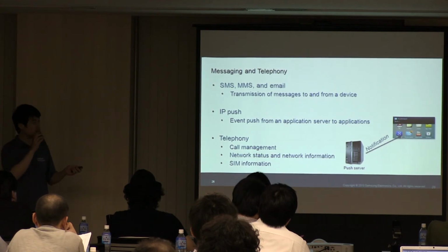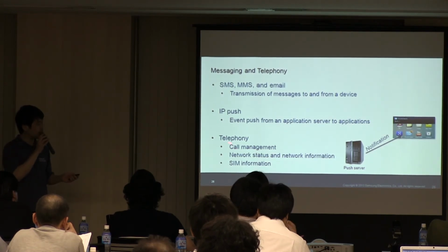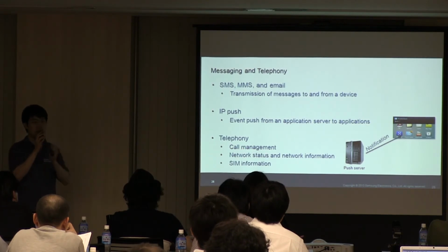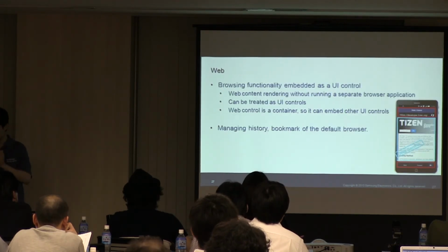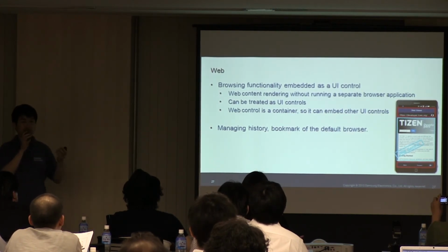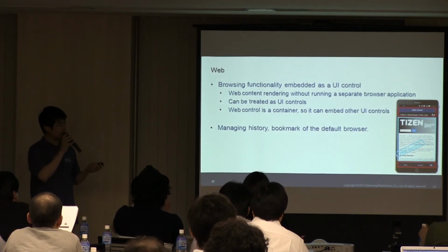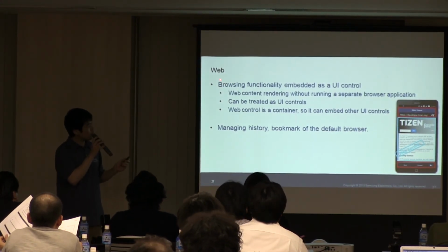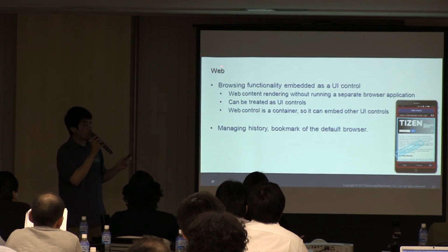That is IP push. So they provide the push, and the telephony functionality like call management and network status. And the web is what I introduced on the previous page. This is an application called by web control.